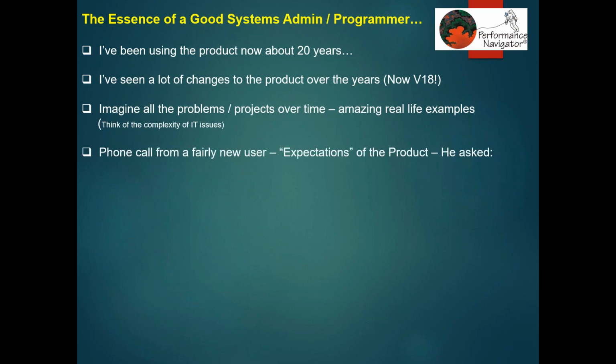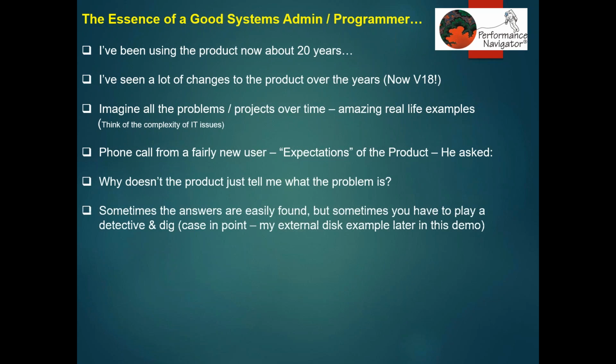And then there was the phone call that I got from a fairly new customer, when he was talking about expectations, and he asked a simple question. He said, "Why doesn't the product just tell me what the problem is?" And I was like that dog where my head kind of went to the side, like, what are you asking? And then I kind of knew where he was going. When I thought about the essence of a good systems person and programmer: sometimes when we're troubleshooting major issues at our companies, we get lucky and the problems are easily found.